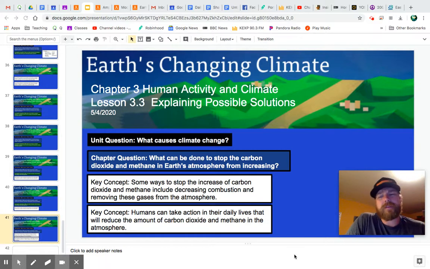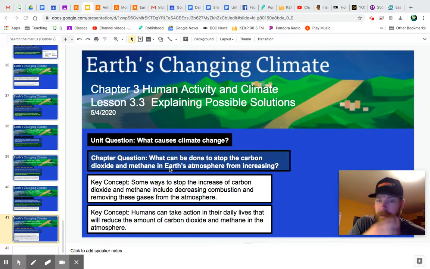We just read about some of these solutions yesterday for homework. Let's quickly take a look at these key concepts. The first one: some ways to stop the increase of carbon dioxide and methane include decreasing combustion and removing these gases from the atmosphere. That's one of the things we should have noticed from the reading yesterday.